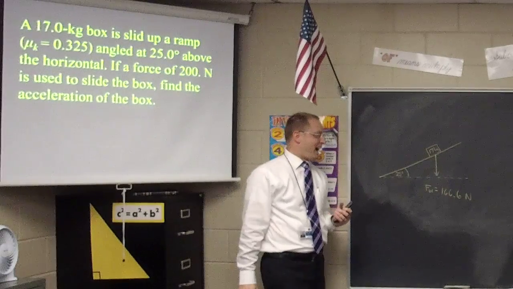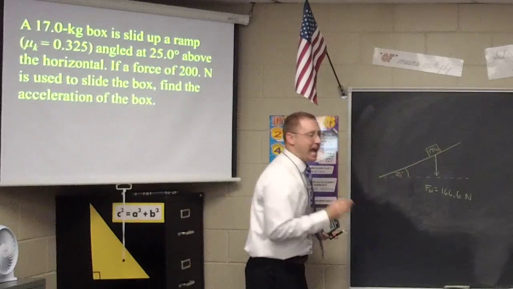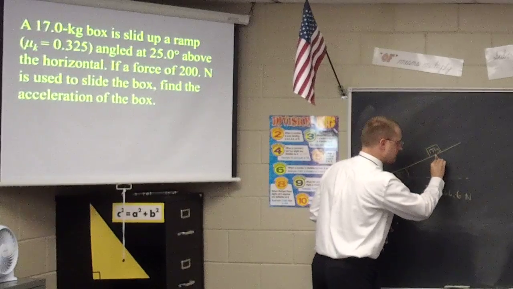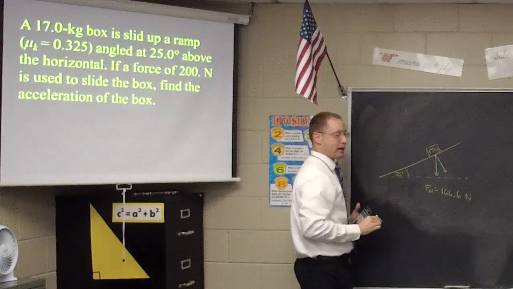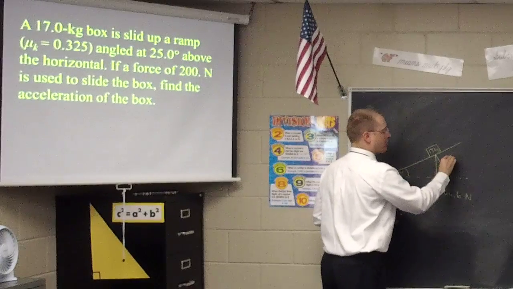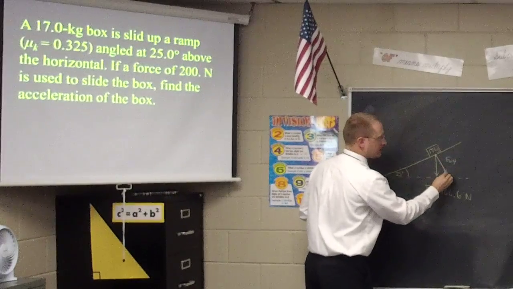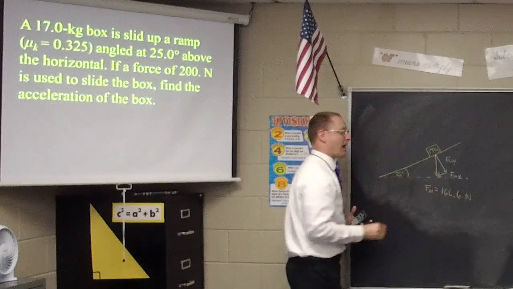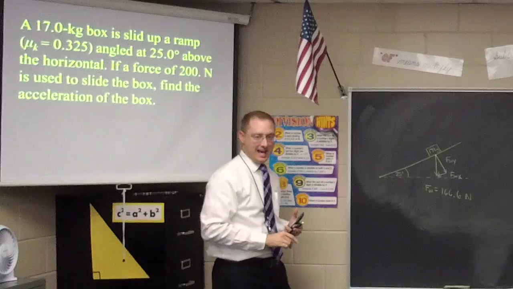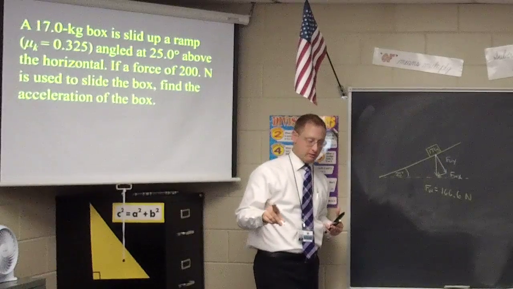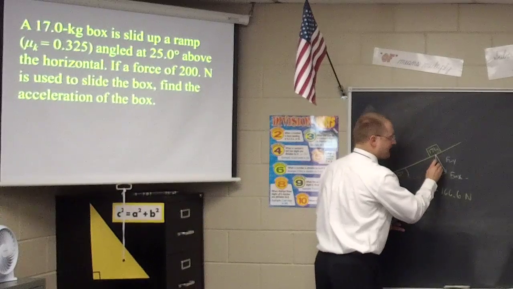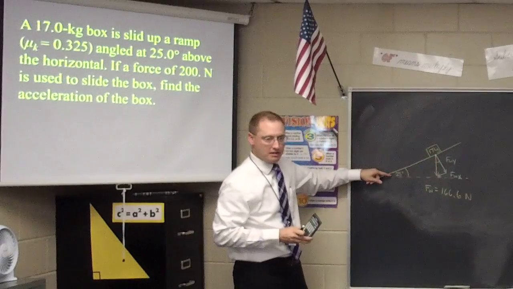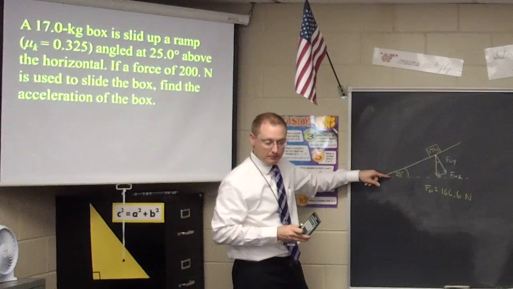All right, now, that's the actual weight. Some of that weight, class, pulls it into the ramp. We call that the weight in the y. Some of that weight is trying to pull it down the ramp. We call that the weight in the x. So far, so good? Realize this angle at the top is the same 25 degrees.